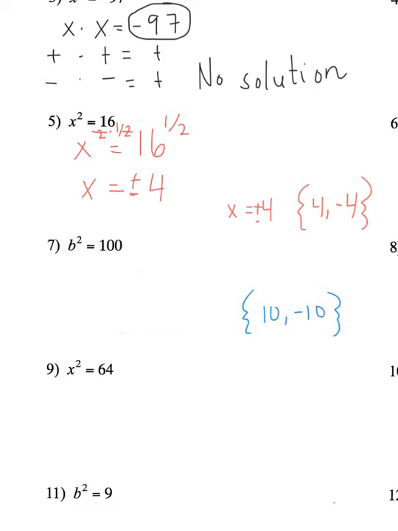For number 7, b squared equals 100. Again, we want to get rid of the exponent, so b has an exponent of just 1. So we have to multiply by the reciprocal of 2, which is 1/2, to both sides of the equation. So this 2 and this 2 will cancel out, and we're left with just b to the first, or b. 100 to the exponent 1/2 is going to be positive 10 and negative 10. So those are 3 different ways you can solve one-step squared equations.